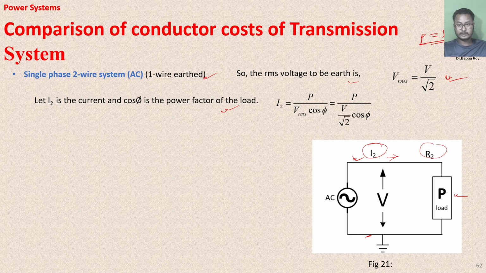Here I2 is equal to P by VRMS cos phi, and we are putting the VRMS value, V by root 2, so I2 is equal to P by (V by root 2) cos phi. Clear?